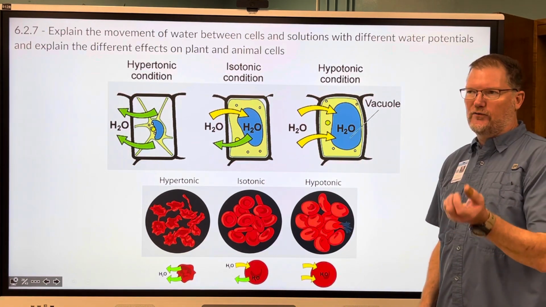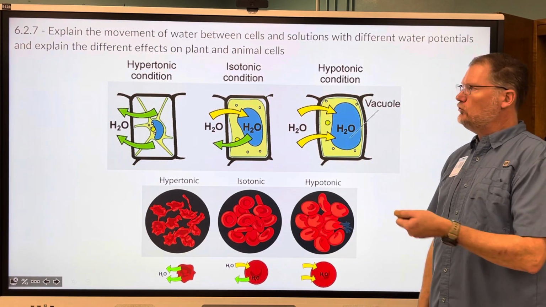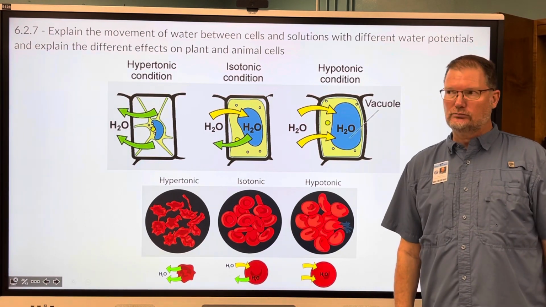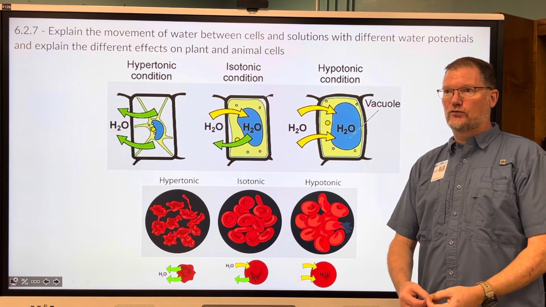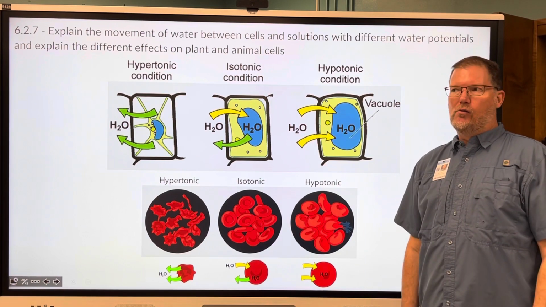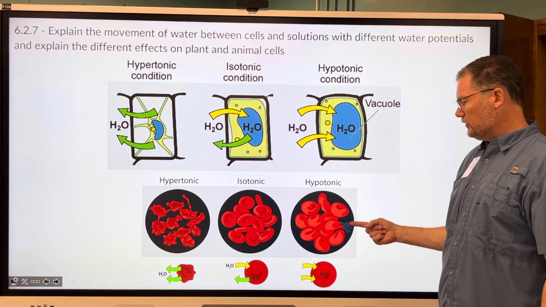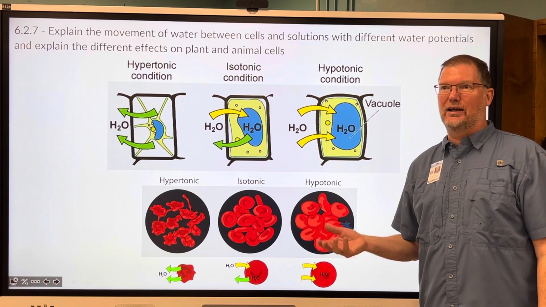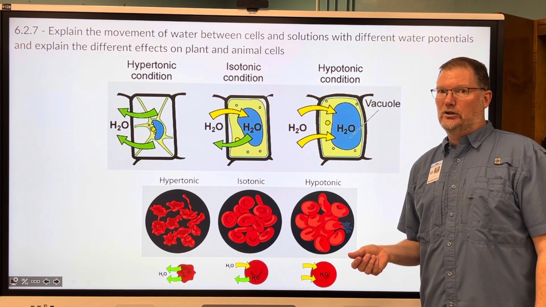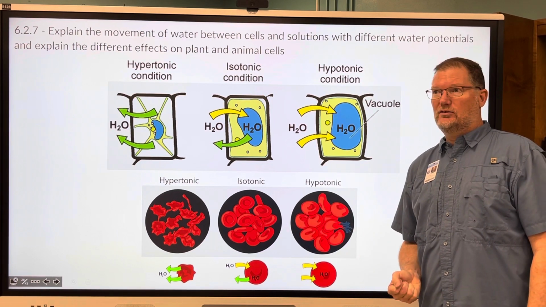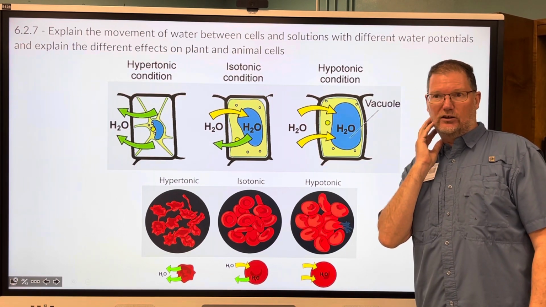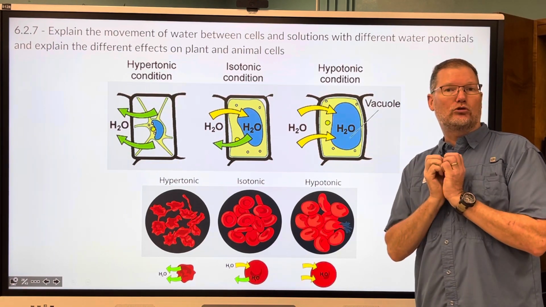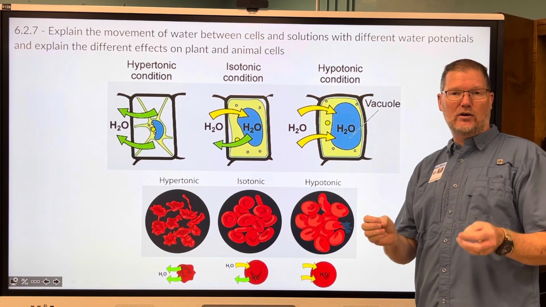So if you were to put a fish into a hypotonic solution, like a saltwater fish into fresh water, what would happen to those fish's cells? And what would the water look like? It wouldn't be pretty, would it? That fish's gills would start to lyse, and the water would turn bloody, and it would be very sad.